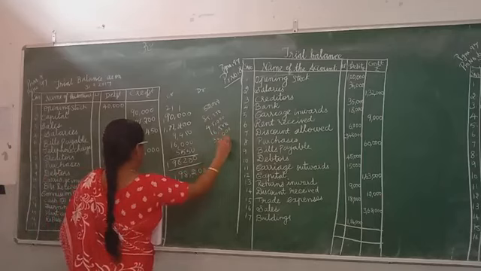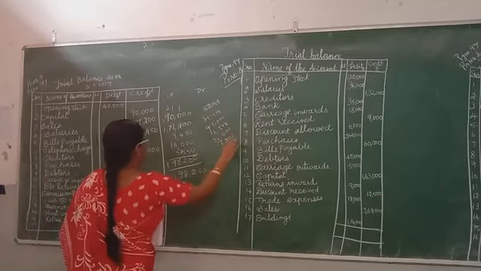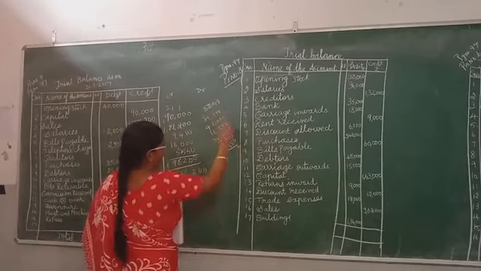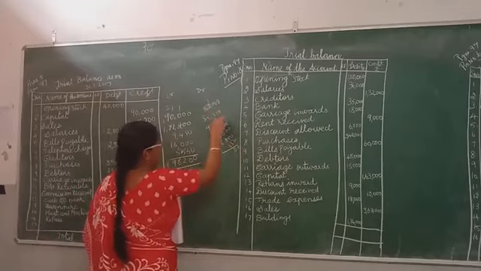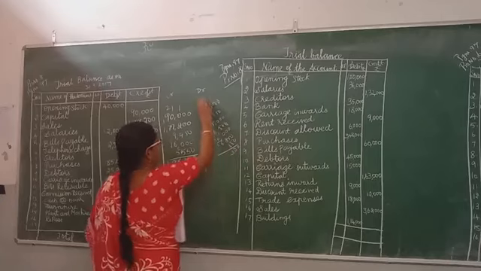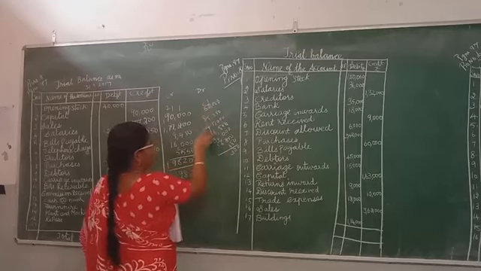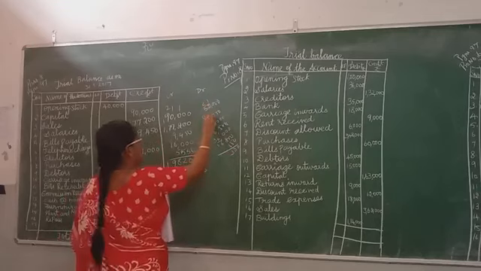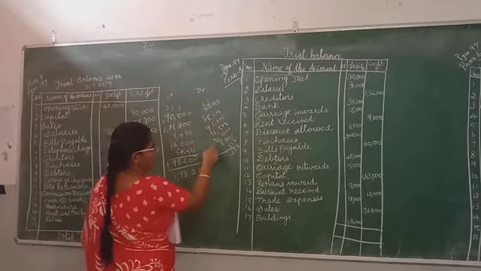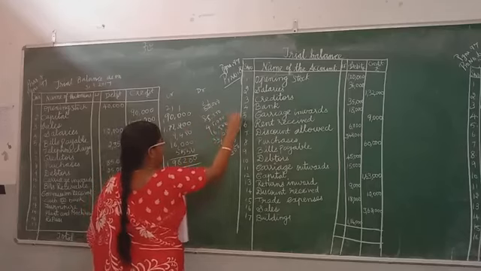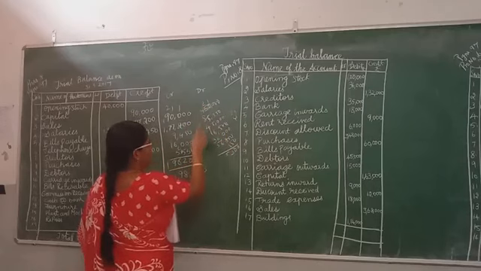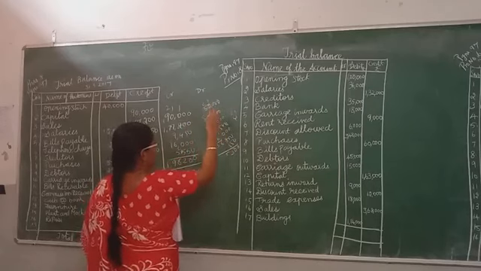Then 56,800. Last 550. Add the amount. What will be the amount that is coming? 5, 10, 10 plus 13, 23, 2, 7, 7 plus 10, 15, 17, 23, 23 plus 12, 23 plus 12, 45, 5, 4. Sorry, 4 should come here.